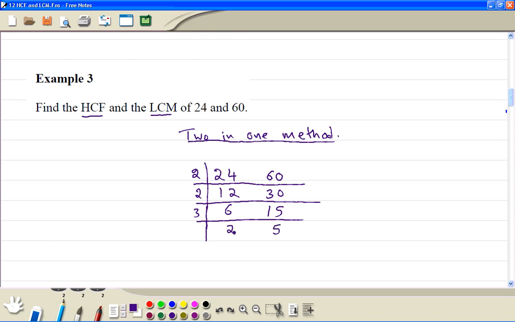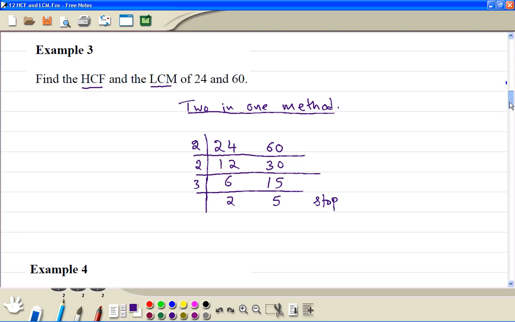These two numbers have nothing in common, this means stop. Now after you stop, the highest common factor is just this list here on the left hand side, 2 times 2 times 3, which is 12.